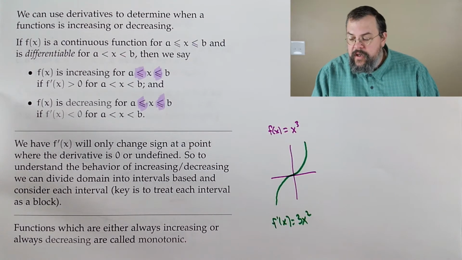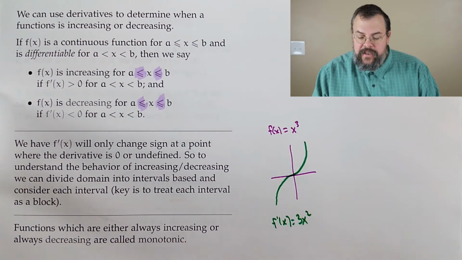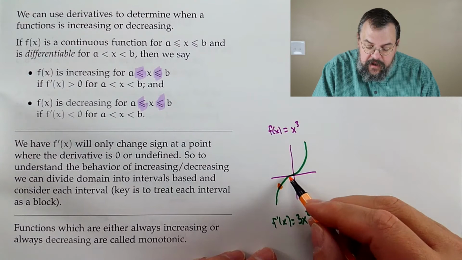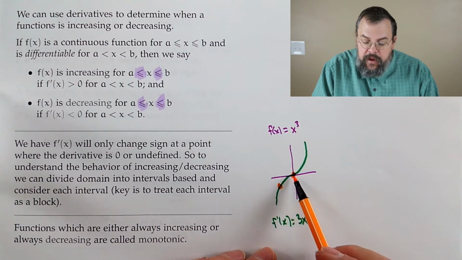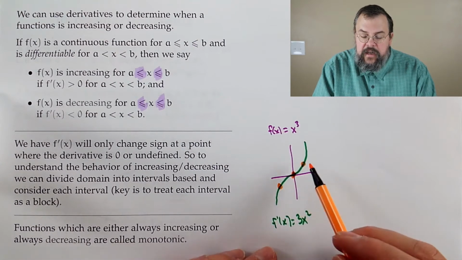So the point here is that this function is always increasing in the following sense. No matter which 2 points you pick, if I pick a point here and if I pick 0, well, the point here is below there, so it's increasing. If I pick 0 and I pick here, then again, I'm increasing.